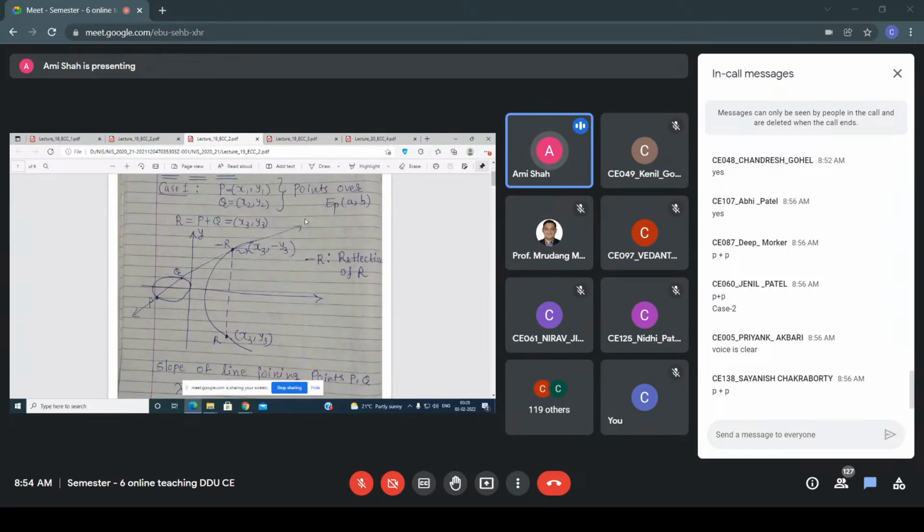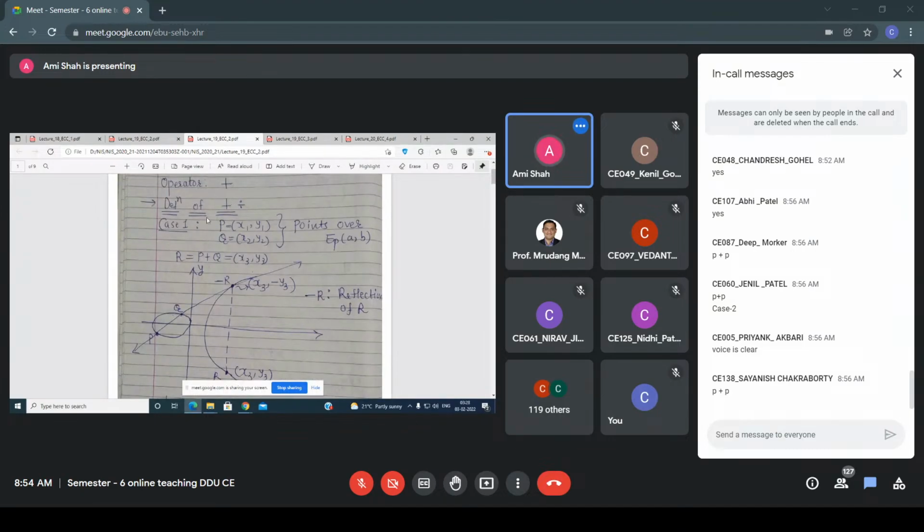I will not repeat the theory part, but I told you there are 3 scenarios. The first is P is not equal to Q, that means the 2 points are different.